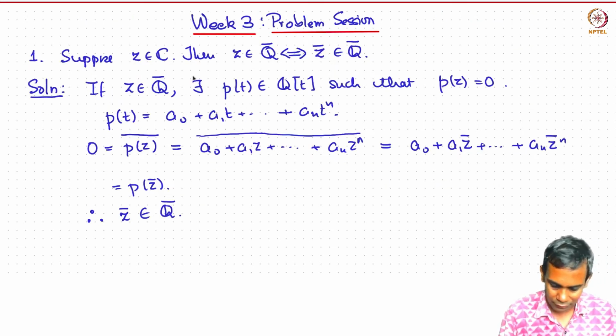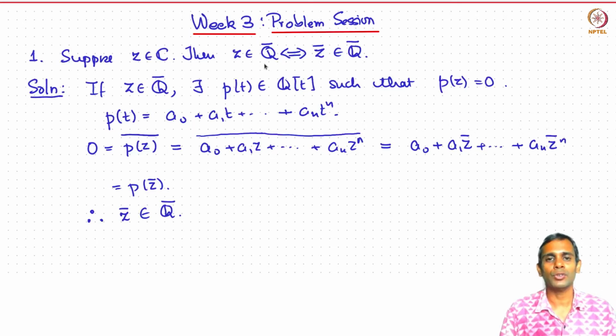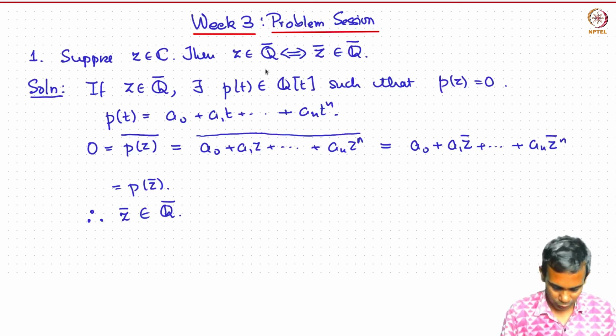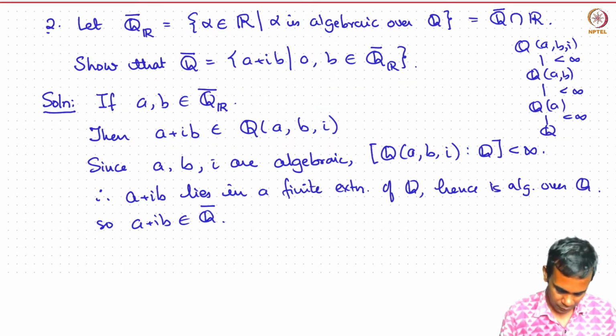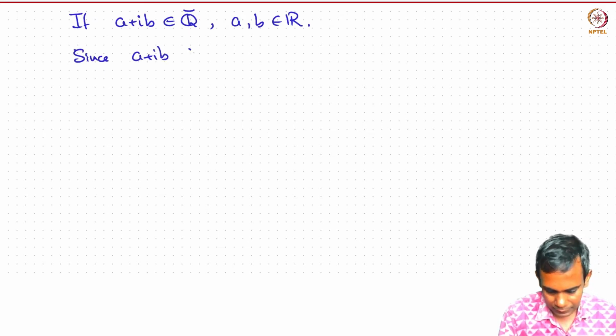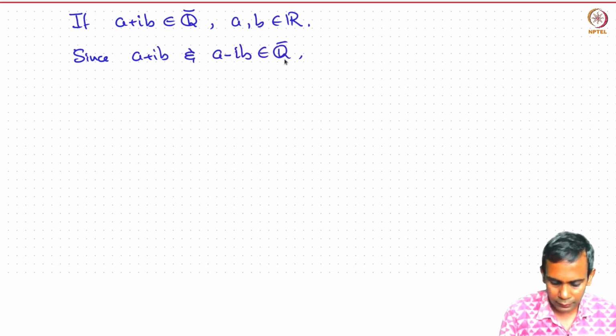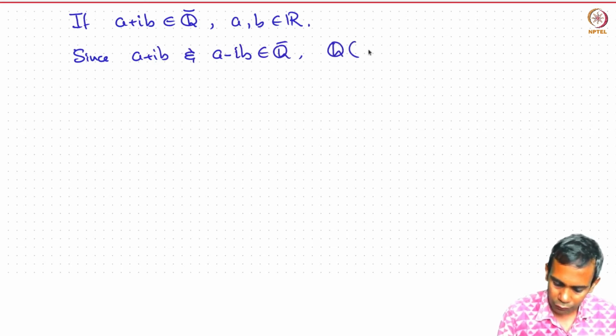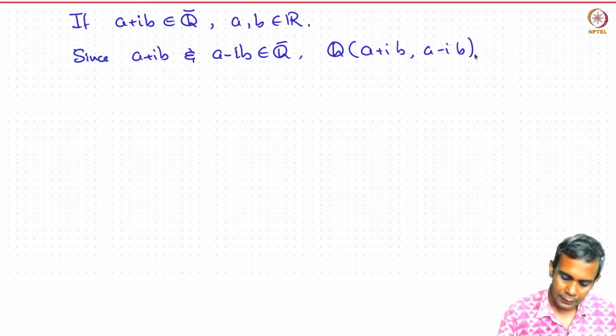Problem 1 says that if a plus ib belongs to Q bar, then a minus ib also belongs to Q bar. So since a plus ib and a minus ib belong to Q bar, we have that Q(a plus ib, a minus ib) is a finite extension of Q.